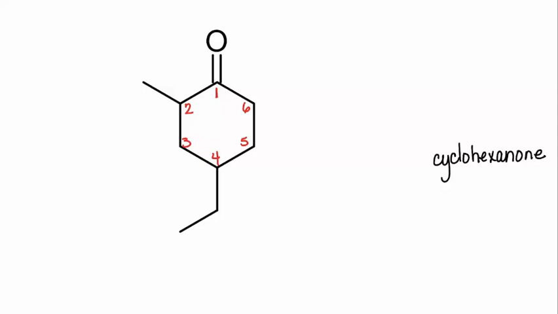Don't forget that. Alphabetical order. You can put the numbers, but then when we align them, it has to be in alphabetical order. So thank you, Isaiah. So when it comes to this, it's going to be 4-ethyl, 2-methyl, cyclohexanone.